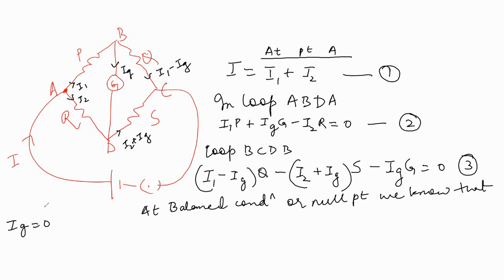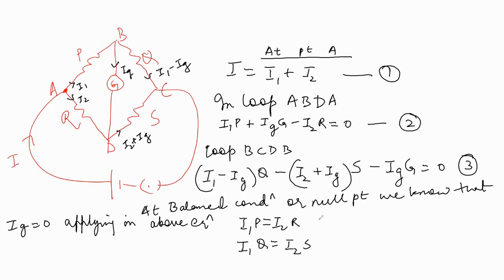So when we use IG equal to 0 in the above equations, equation 2 and 3, equation 2 will become I1 into P is equal to I2 into R, and I1 into Q is equal to I2 into S.